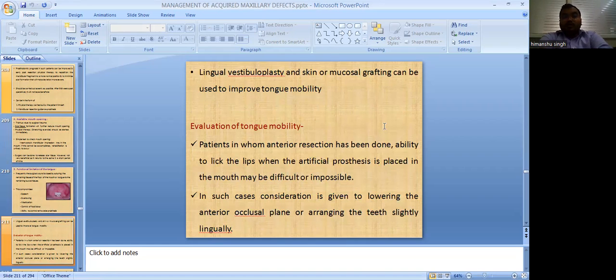Lingual vestibuloplasty and skin or mucosal grafting can be used to improve tongue mobility. Evaluation of tongue mobility: in patients in whom anterior resection has been done, ability to lick the lips when the artificial prosthesis is placed in the mouth may be difficult or impossible. In such cases, consideration is given to lowering the anterior occlusal plane or arranging the teeth slightly lingually.